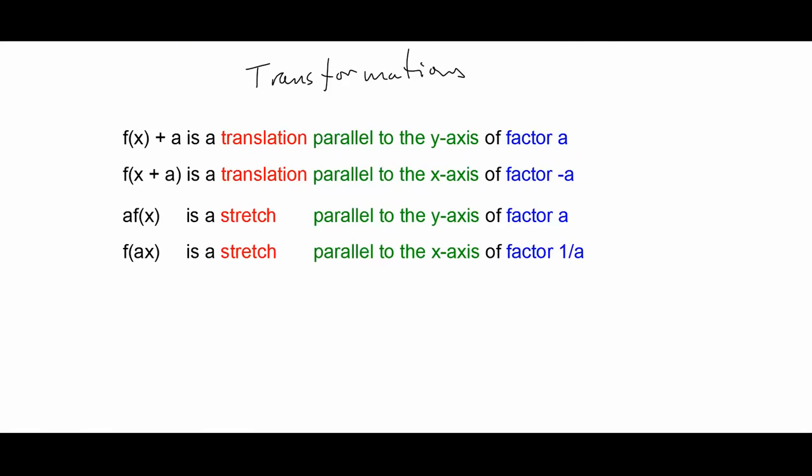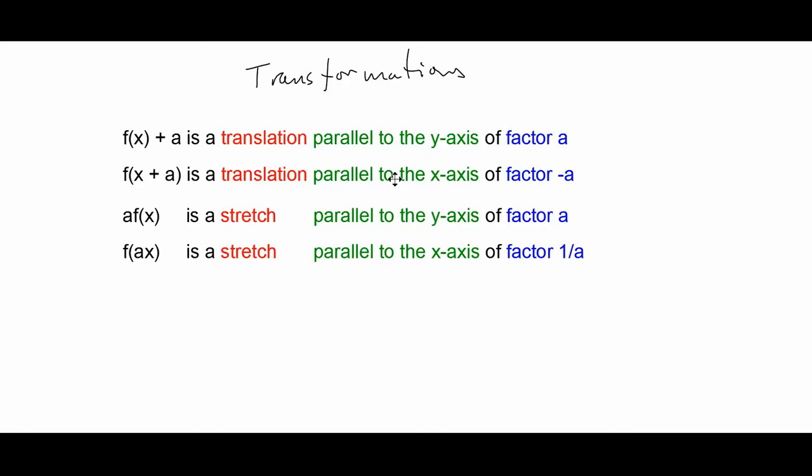To summarise so far, then, f of x plus a, so adding a number to the function, that's a translation parallel to the y-axis of factor a. Those three things need to be written when you describe a transformation. f of x plus a, where you're adding a number to the x, is a translation parallel to the x-axis of factor minus a.